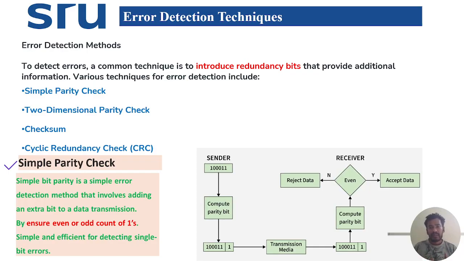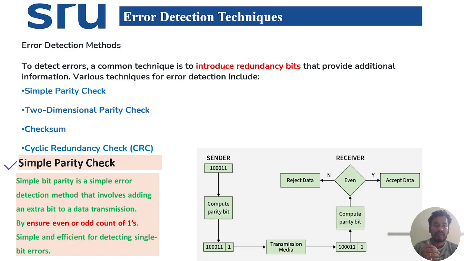So there are two categories used for the checking methods. But in this case, we directly use the even parity method. In the even method, if the sum of ones is odd, we convert it into even parity. So why do we need these methods? To identify errors while transferring data from one place to another.